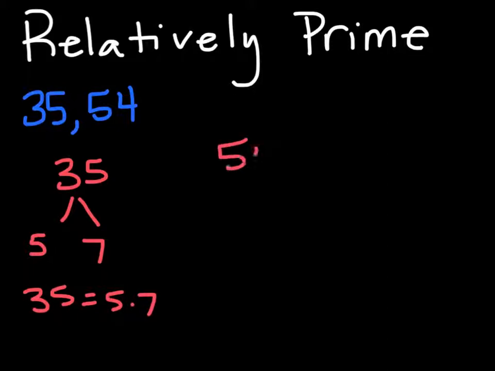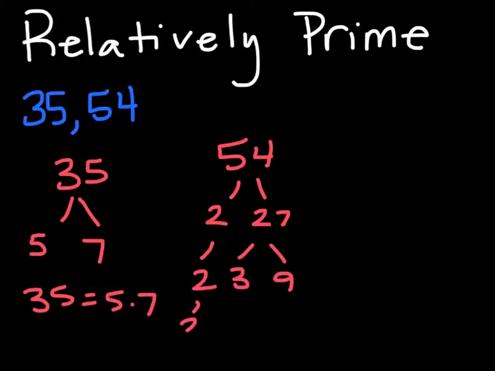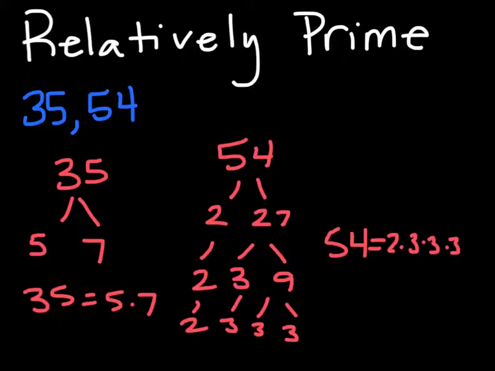The prime factorization of 54 is, let's see, 2 and 27, which gives us 2 and 3 times 9, 2, 3, 3, 3. Okay, so 54 equals 2 times 3 times 3 times 3. Uh-oh, look at here.